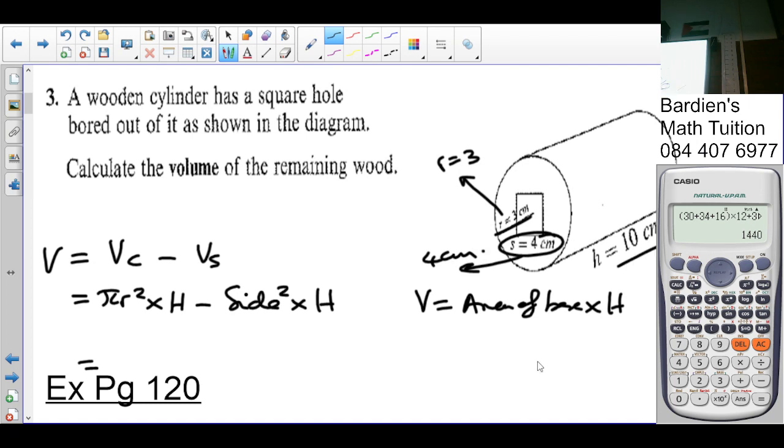The height is 10, of course. Sorry? Oh. Can I do it?